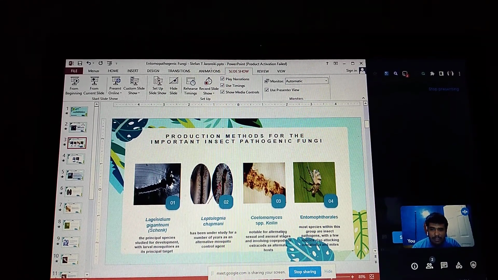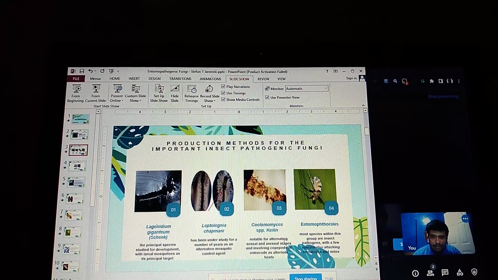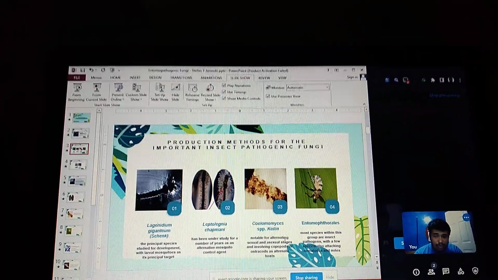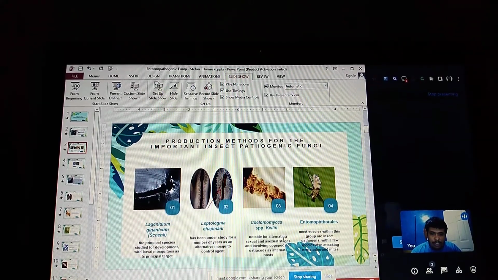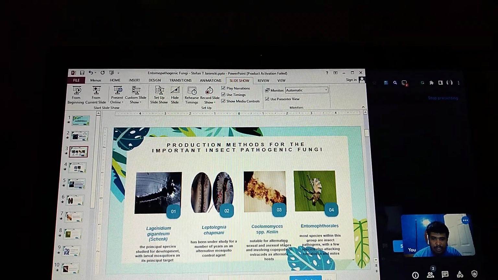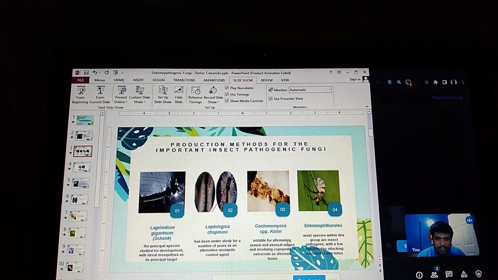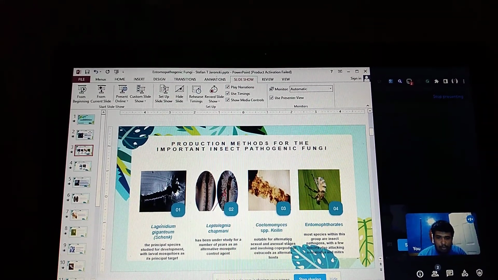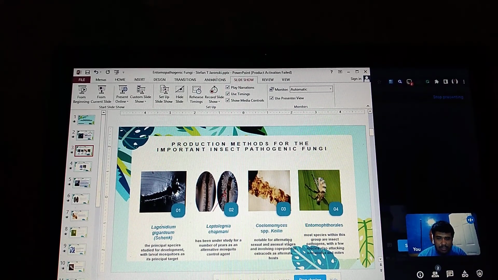Leptolegnia chapmanii has been under study for a number of years as an alternative mosquito control agent. Coelomomyces spp. is notable for alternating sexual and asexual stages and involving copepods or ostracods as alternate hosts.